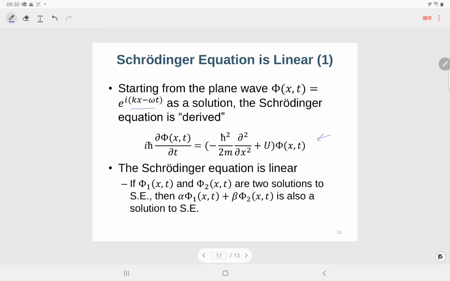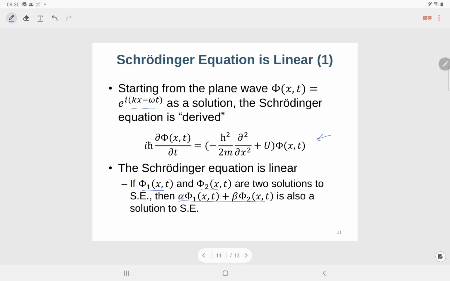I suppose you learned this in signals and systems. You know what is linear. Linear means if phi1 and phi2 are solutions to this equation, then alpha phi1 plus beta phi2 should also be a solution to this Schrodinger equation. Alpha and beta are arbitrary constants, or even complex numbers.